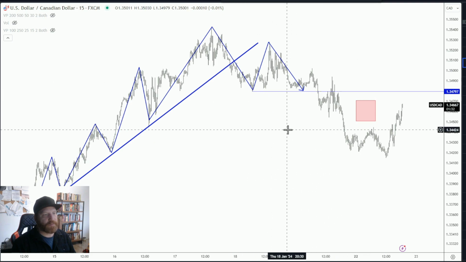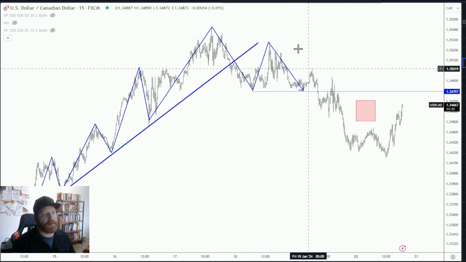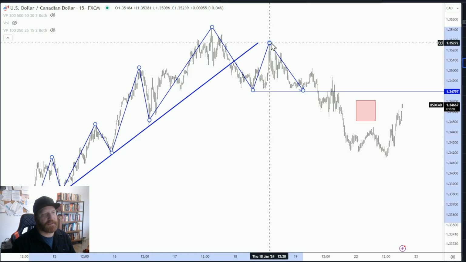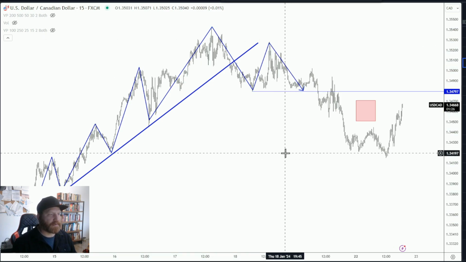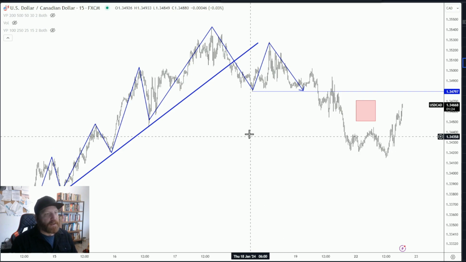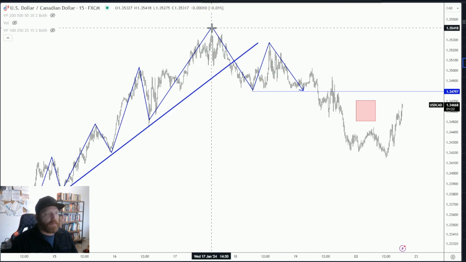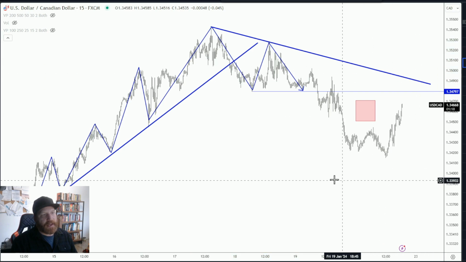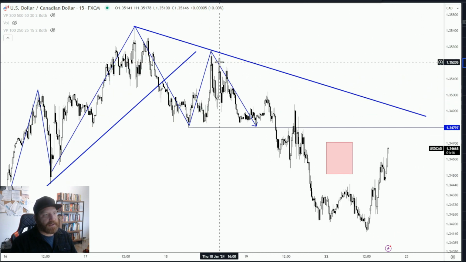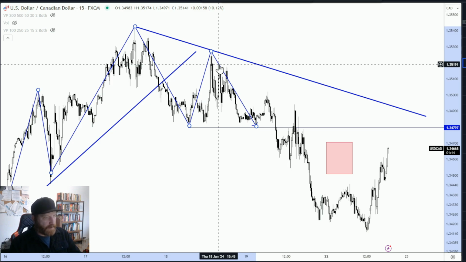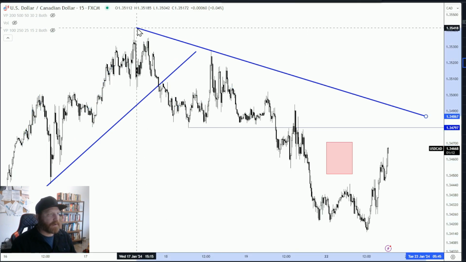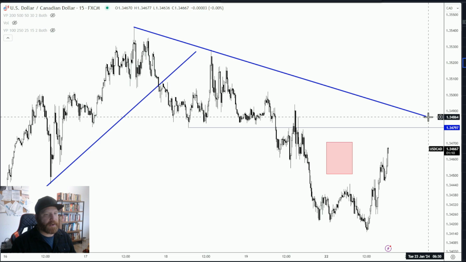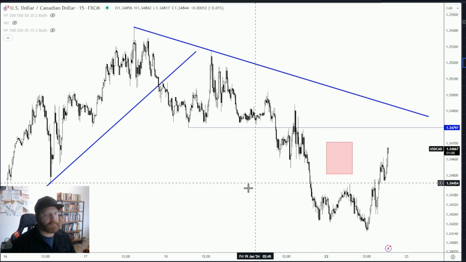So this was the point. So from this point on, this one is not necessarily valid. I don't want to say valid. I want to say active. So now I can connect this high, and it might act in the future as a resistance. And even as a support if price breaks it on the upside.